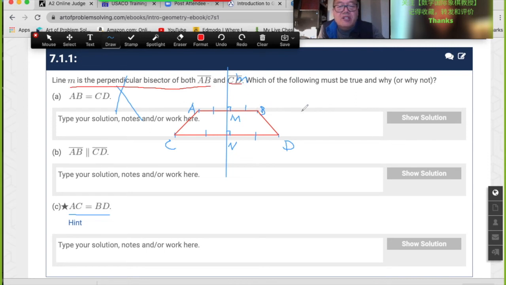If you make this side longer, that means AM is not equal to MB, so M is not the perpendicular bisector of AB. You're going against that condition. You cannot make that. AM has to equal MB.